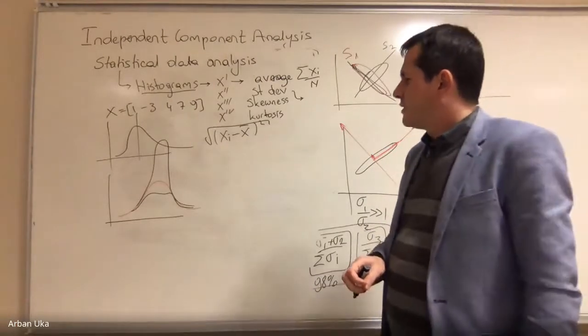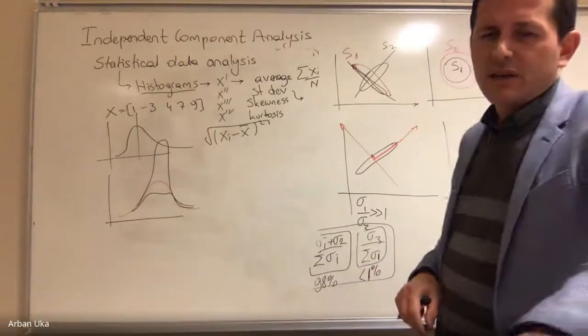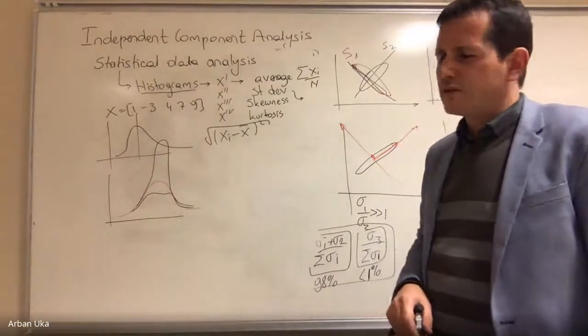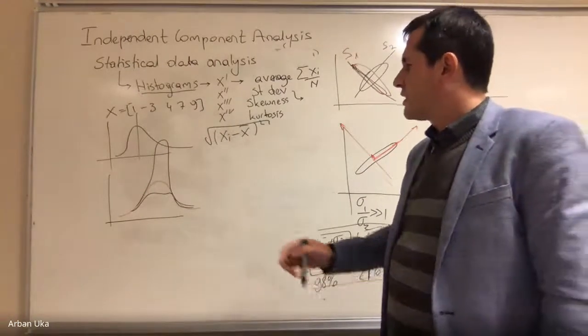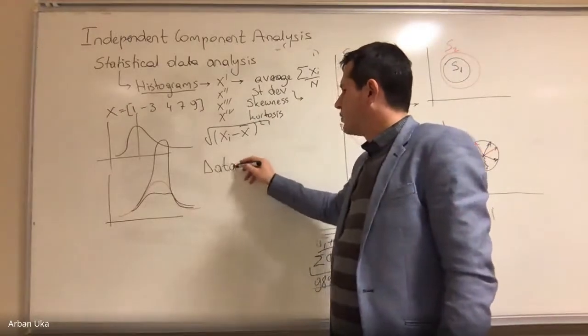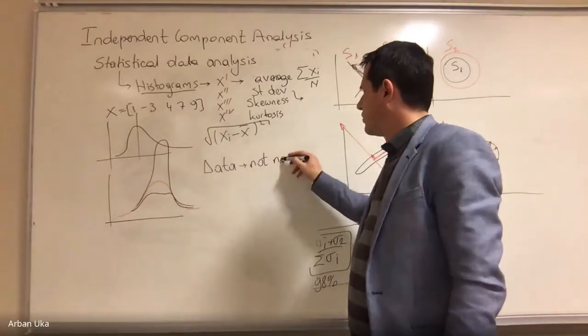Now, often we are lucky that, unless the data are completely random, and even randomness can be defined in different ways, most of the time the data that we have are not Gaussian. They are not normally distributed.